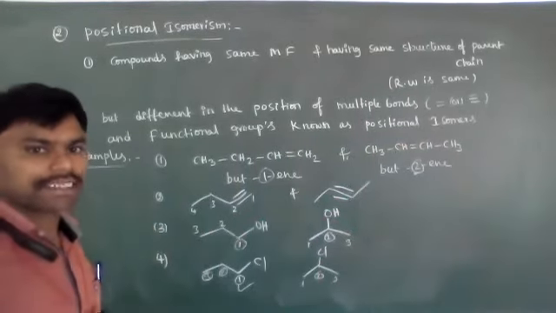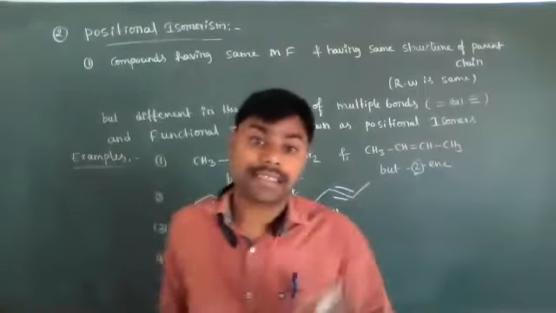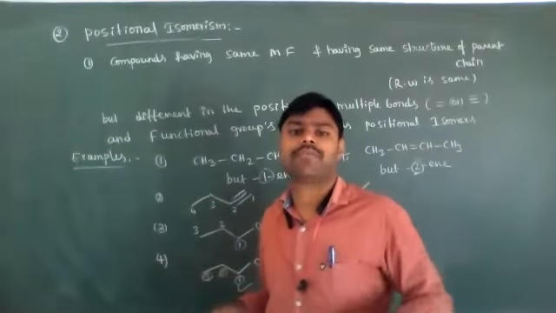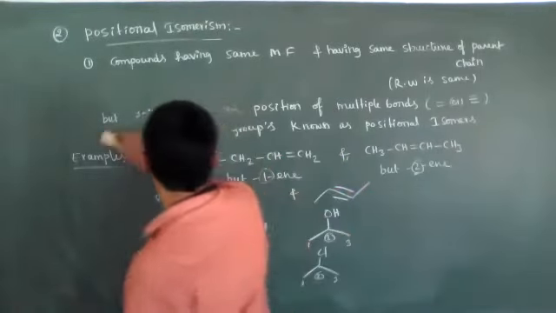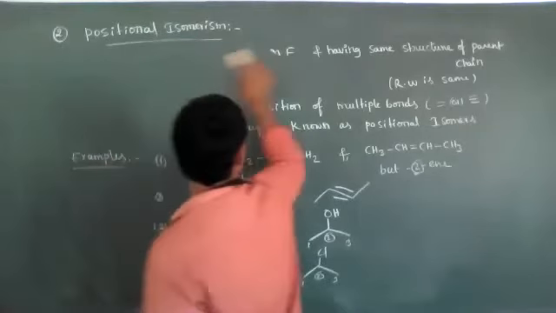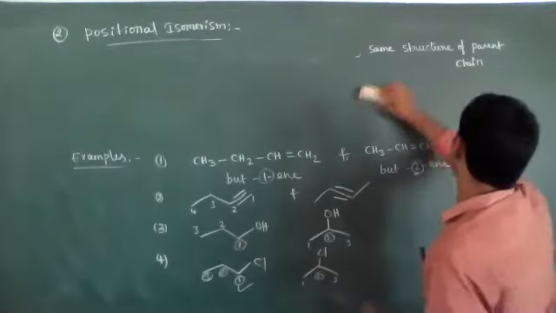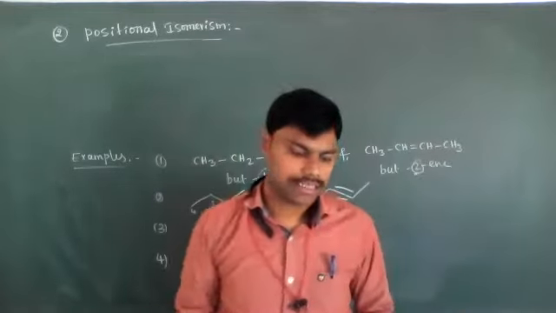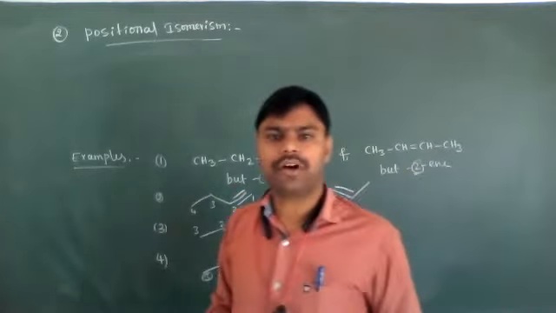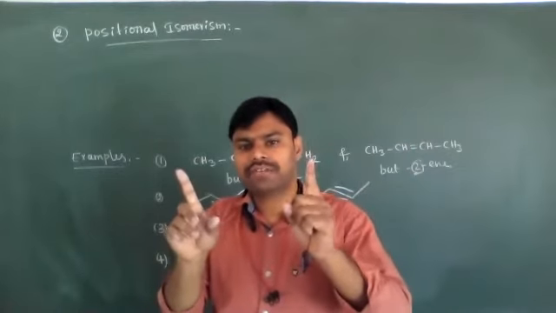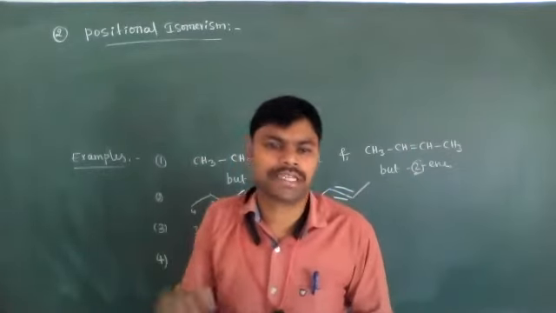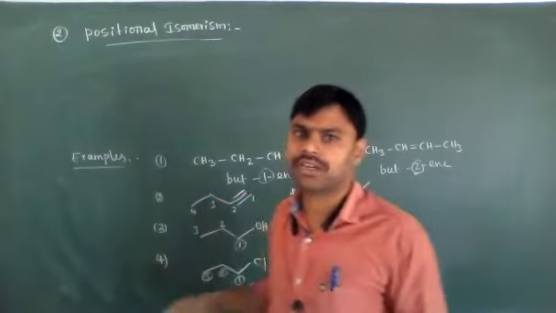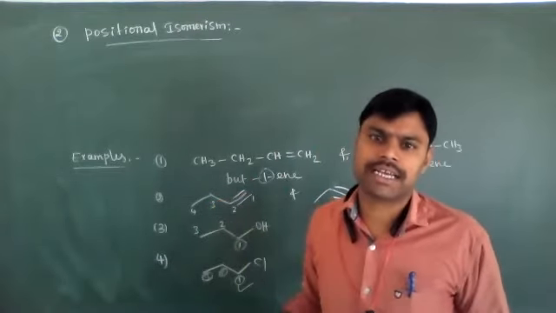Okay, students. Let me give you more examples related to aromatic compounds like benzene, or cyclic compounds. Not only benzene, any cyclic compound you take. In cyclic compounds, if the positions of substituents or functional groups are changed, such compounds are also considered positional isomers.